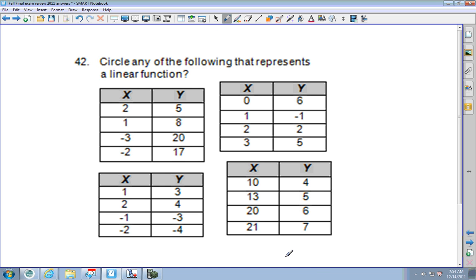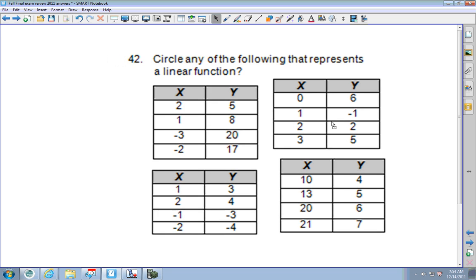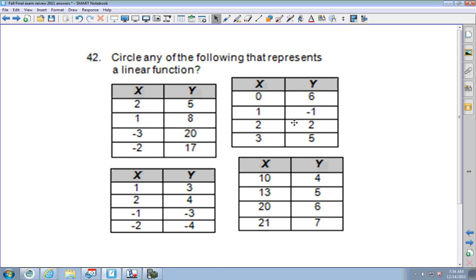Next one, circle any of the following that represents a linear function. Remember, to be linear, it has to make a straight line. So when it makes a straight line in a table, that means all delta y divided by delta x is the same.